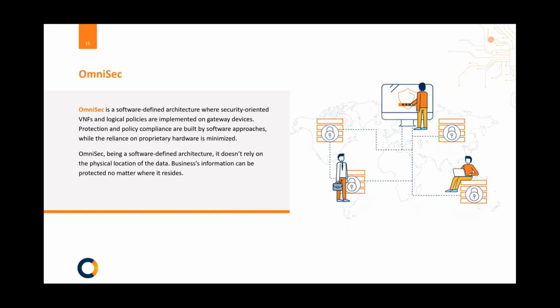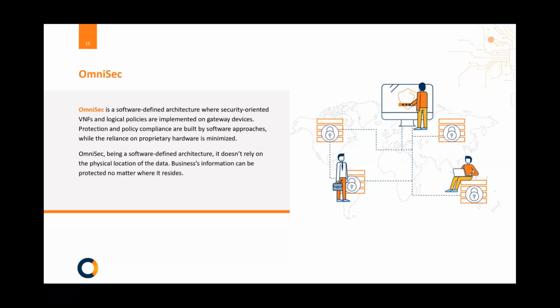Now then we have OmniSec. I told you earlier that we have a security stack on all our products, right? So either it's an Omni branch or an OmniConnect, we offer such services with integrated security. So we can offer you virtual firewalls or physical firewalls at the hub sites, at the branch side.